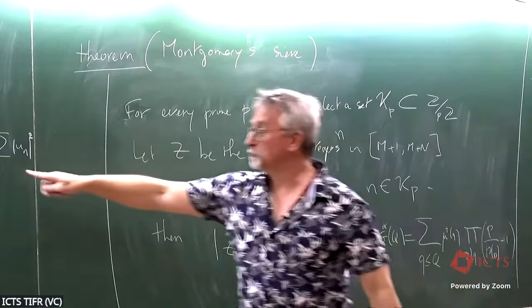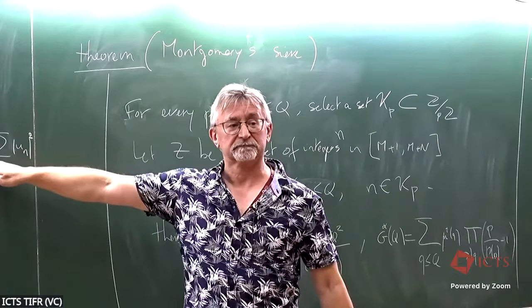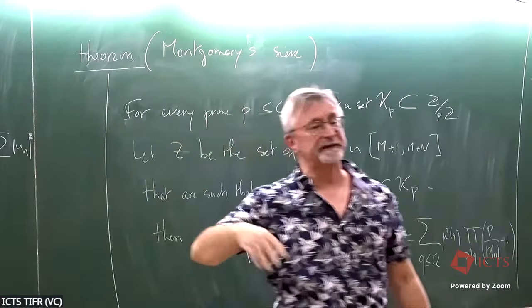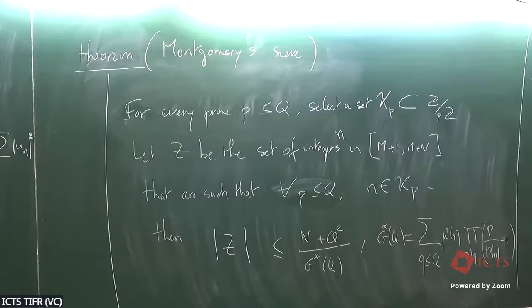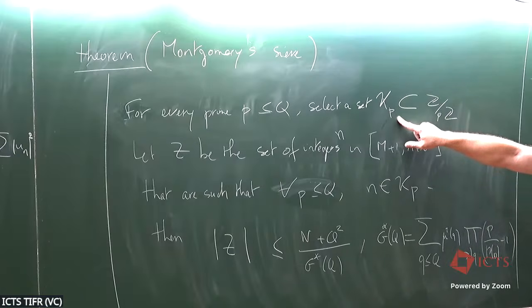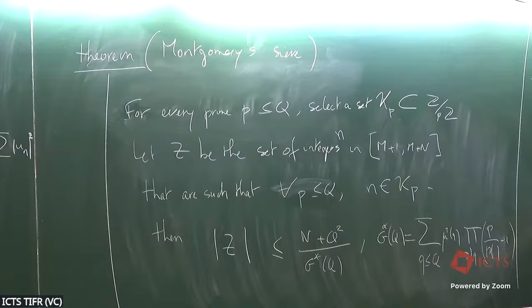Can you decrease this one, or can you improve a bit in some sense or some other sense? The cardinality of this set, it's a capital K index p, cardinality, p upon that, minus 1.